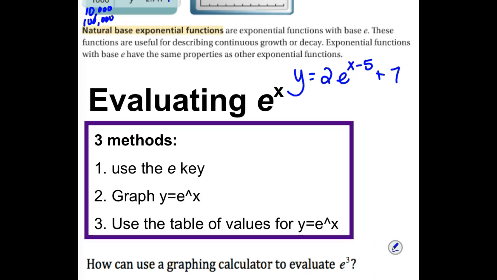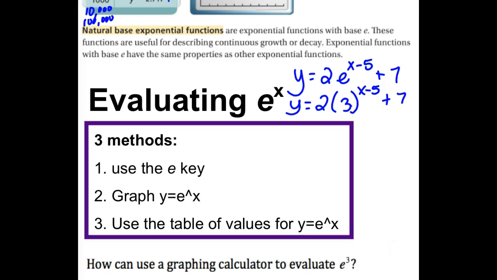What is the 2 going to do? Vertical stretch. What's the 5 going to do? Right 5. The 7. Up 7. Right? It's going to do the same moves that your normal exponential graphs would, because it's going to be very similar to this. Right? Instead of an E, we think of it being about a 3. So if you had to picture your graph, you could use the 3 version.